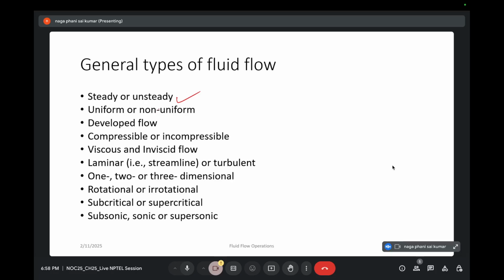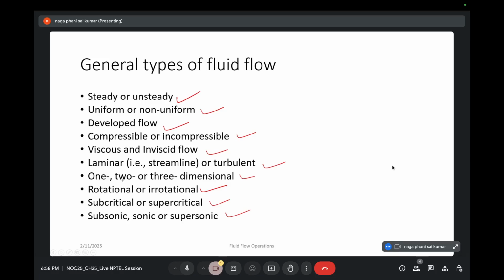Then uniform or non-uniform flow, developed flow, compressible or incompressible flow, viscous and inviscid flow, laminar or turbulent flow, one, two, and three dimensional flows. And then rotational or irrotational flow, subcritical or supercritical flow, and subsonic, sonic, and supersonic flows.